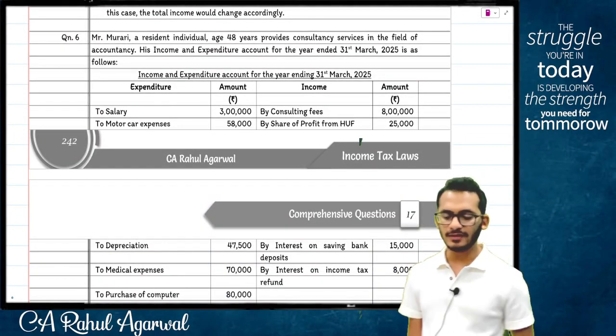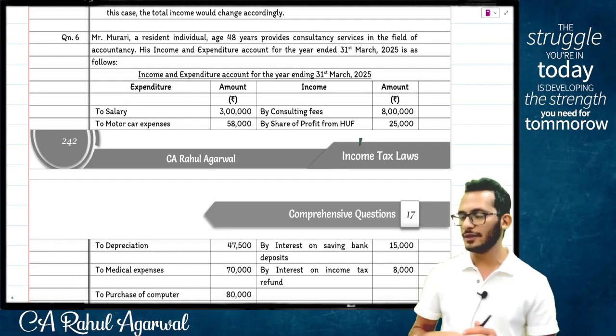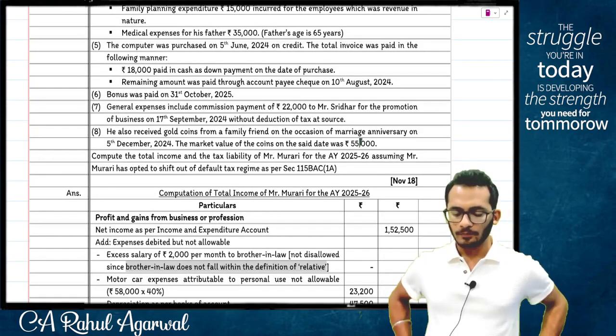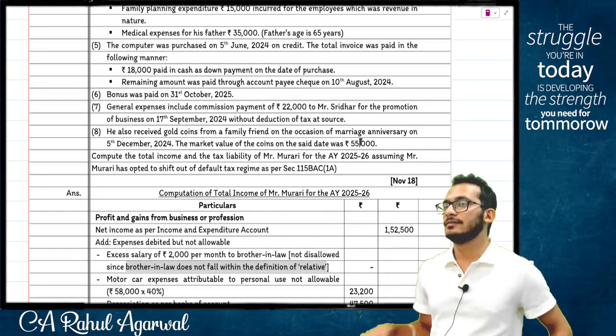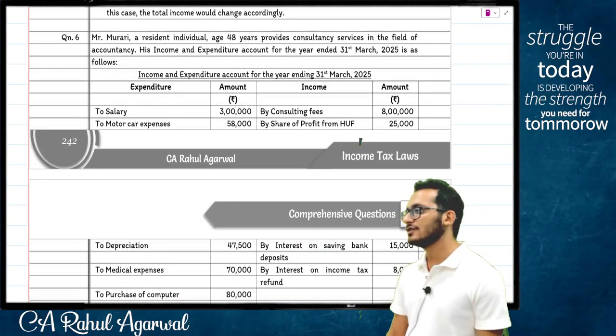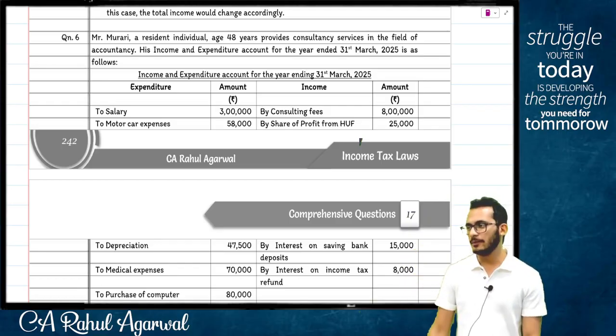Look at the question. It says 48 years, consultancy services, field of accounting, income and expenditure accounts given to you. Ignoring the information and going to the last, it says required to compute total income and tax liability, assuming the person is shifting out. Always check first for age. Age is below 60, therefore I am moving forward.